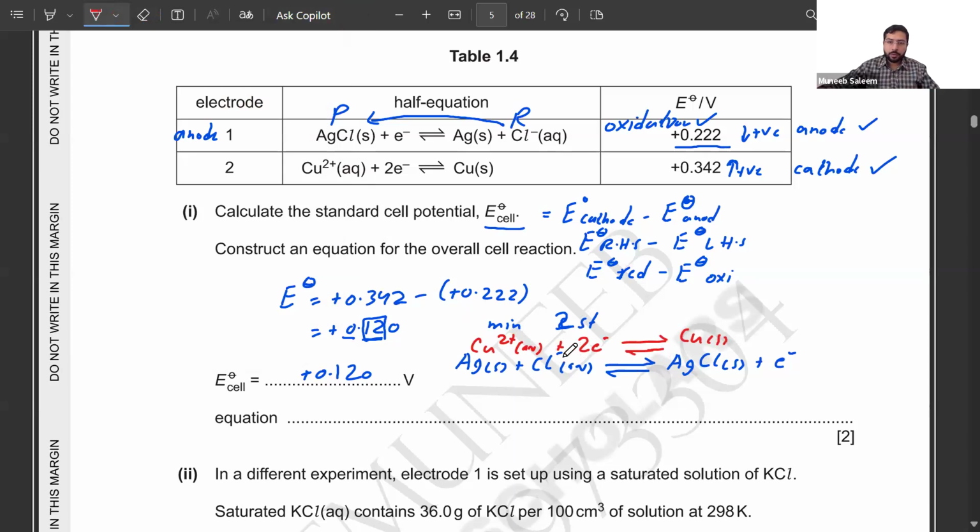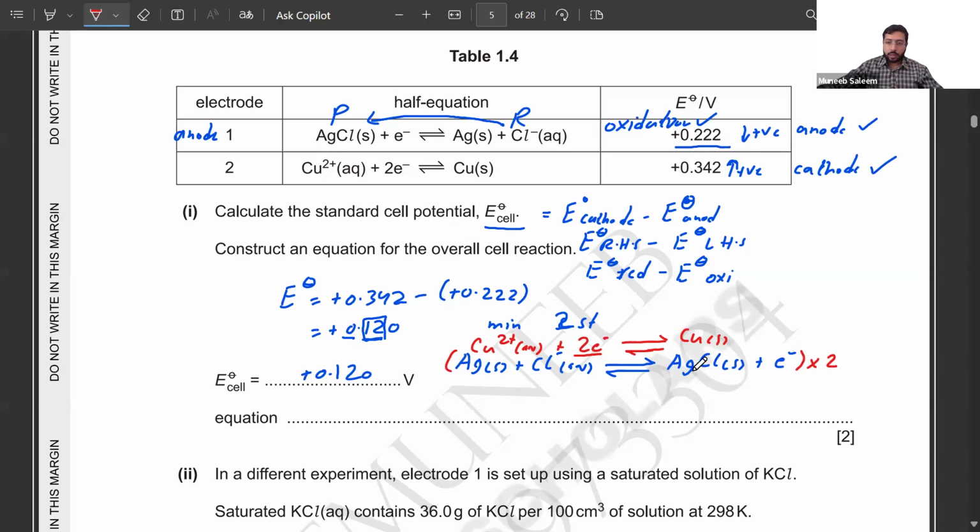Now, the problem here is that we have two electrons for the copper side and one electron for the AgCl. So these must be balanced, which means this second equation must be multiplied by 2. Only then will the electrons cancel each other, because for the overall equation you do not write the electrons. Electrons are always cancelled. They are not shown in the overall equation.